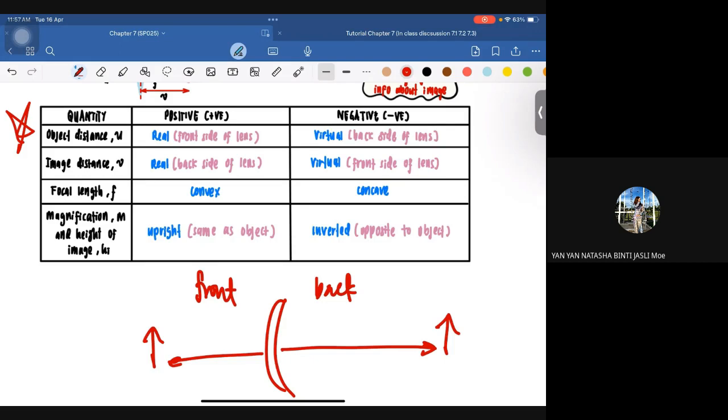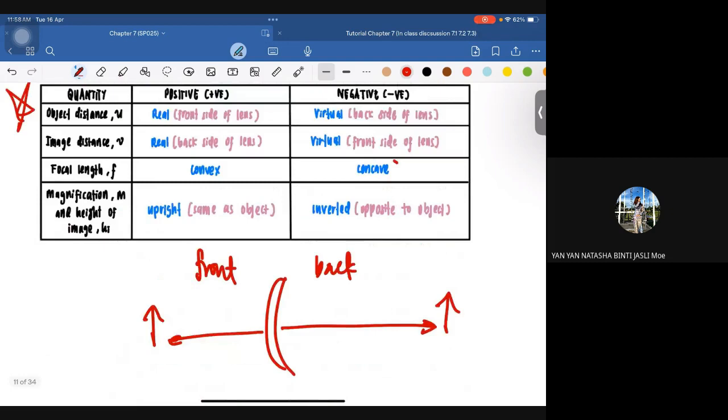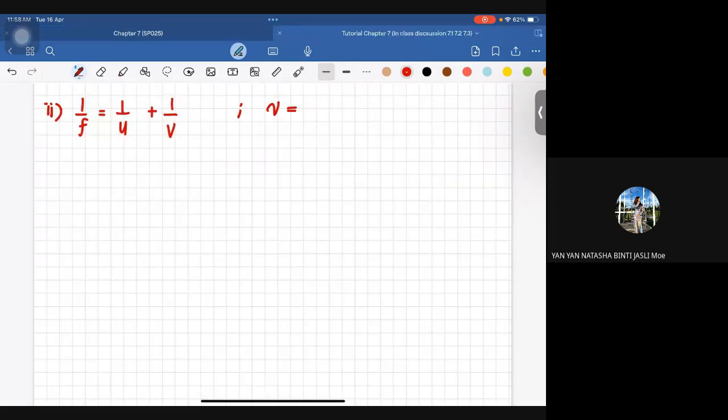Okay, so sekarang ni, for a diverging lens, you have to decide dia punya focal length tu positive ataupun negative. Sepatutnya kalau kamu ingat, diverging lens is a concave lens lah. So sepatutnya focal length dia ni mesti negative.